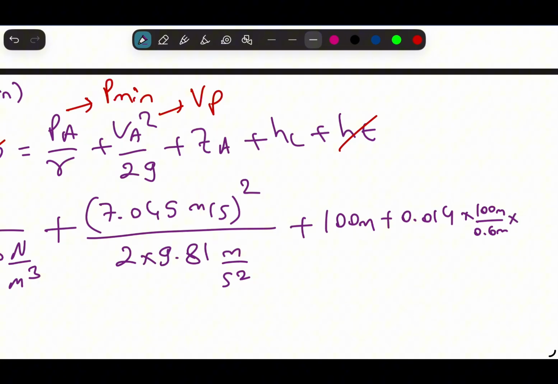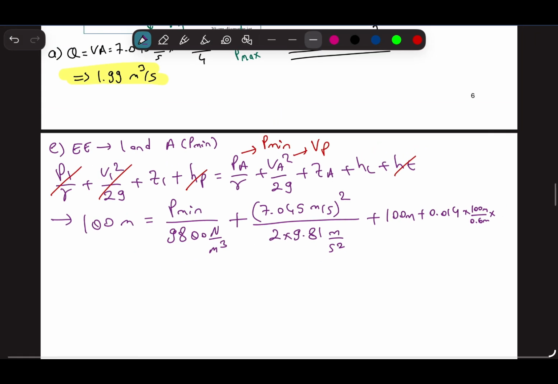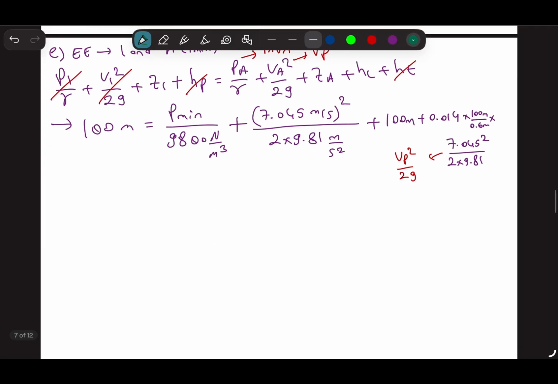Then we have pipe's velocity over 2g. So this is still Vp square over 2g. And from this equation, we can get P minimum as minus 82.6 kilopascal.